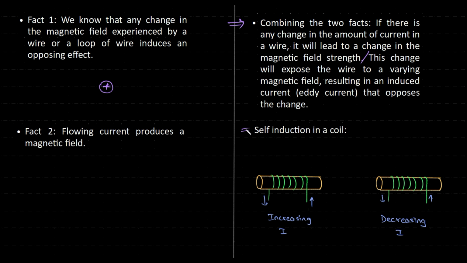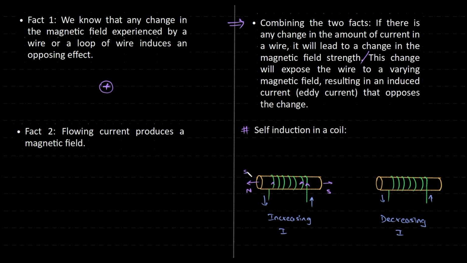So an example over here is, what do we have? We have a coil and we have the current flowing in this way, right? So if I use my right hand thumb rule, for the magnetic field, this will be north, that will be south. So how will the induced field look?